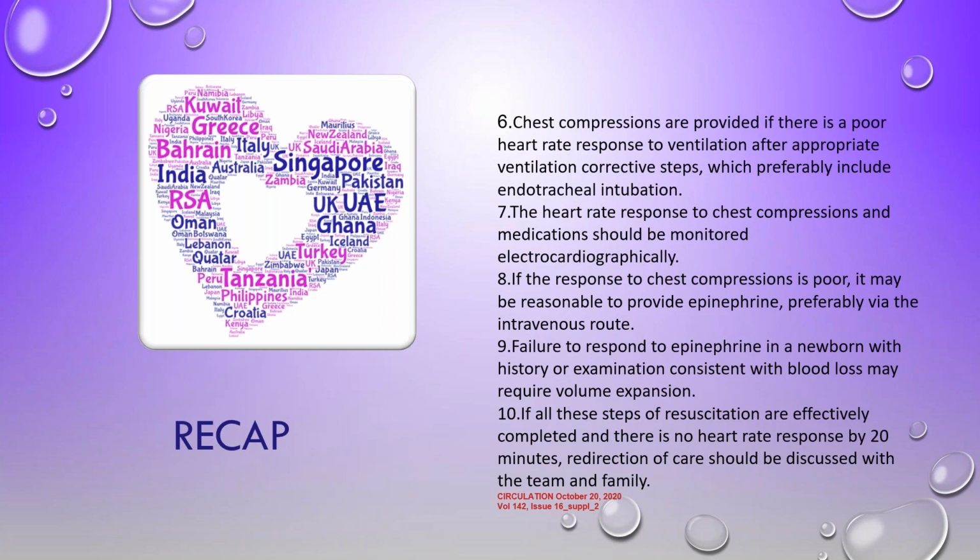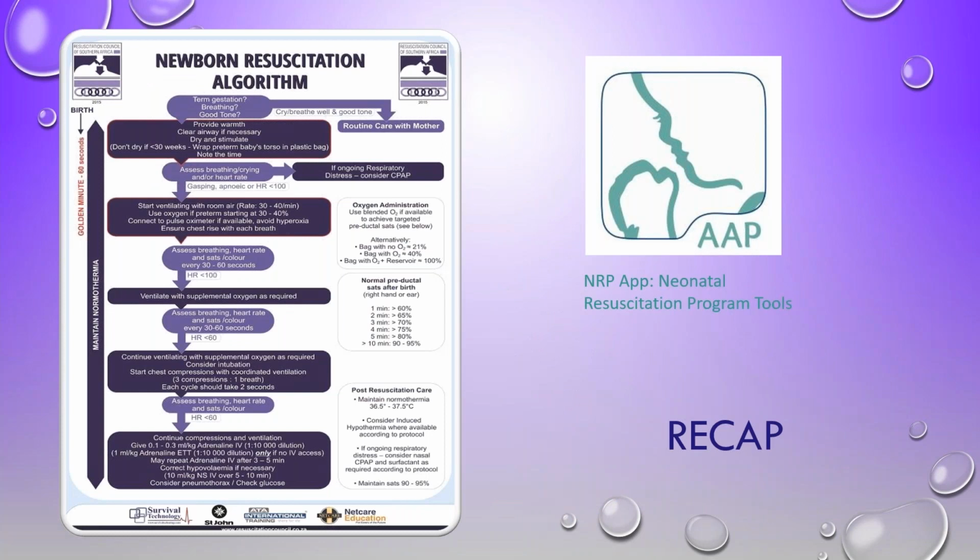And this comes from the latest American Heart Association journal called Circulation, from their October edition, and you can go back and see it. There is the algorithm. It hasn't changed much, actually not at all.